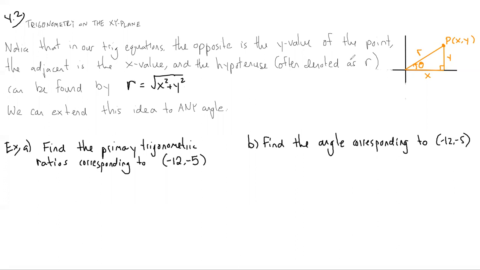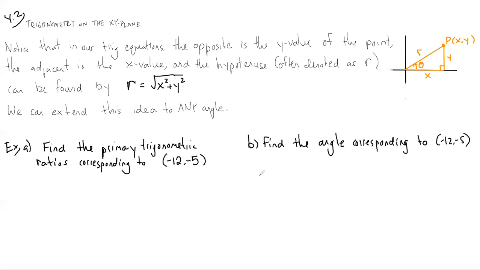R is for radius, because you can draw a big circle around this with radius r. That circle's terrible, but hopefully you get the idea. As theta moves, we don't really want the radius to change. We'll just call it r. But we can find that using the Pythagorean theorem. It's the square root of the sum of the squares of the other two sides.